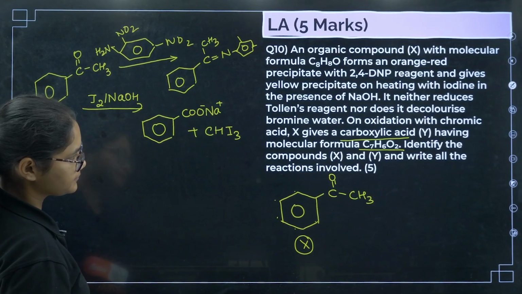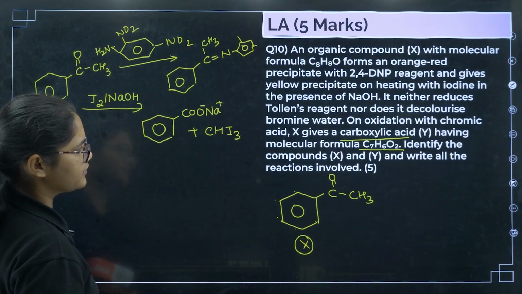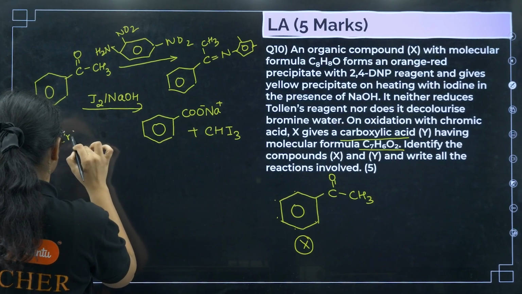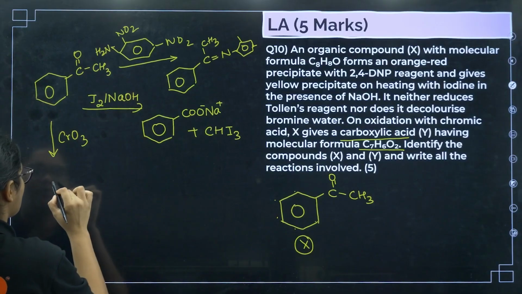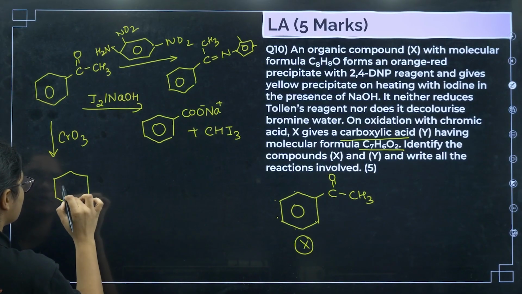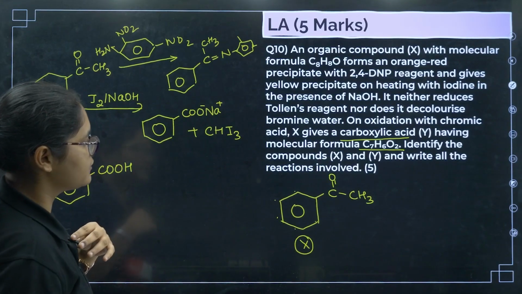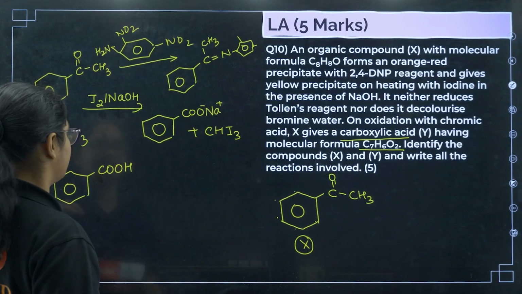Then it neither reduces Tollens' reagent, so there is no reaction here. On oxidation with chromic acid, this one will get oxidized and I will get a compound like this, benzoic acid, right? On oxidation with chromic acid, we get C7H6O2.